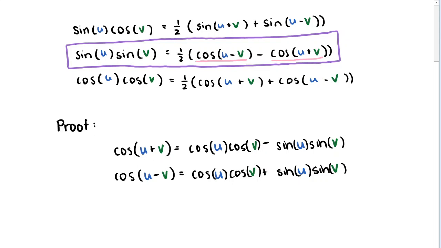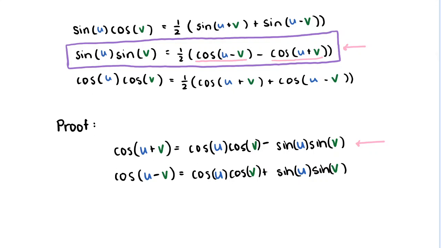The first thing I notice is that in the identity we're trying to show, we have the difference of cosine of u minus v, take away cosine of u plus v. So let me take this first identity and multiply throughout this entire equation by a negative sign, since in our identity there's a negative cosine of u plus v.